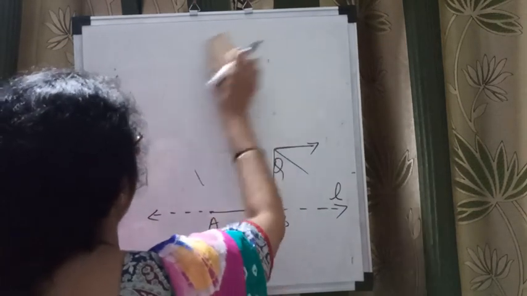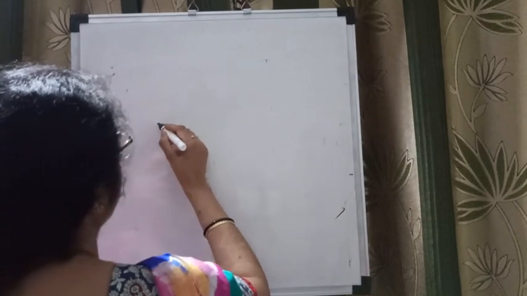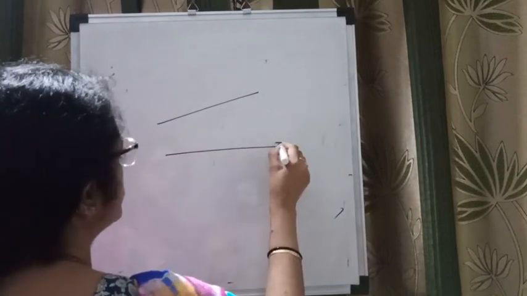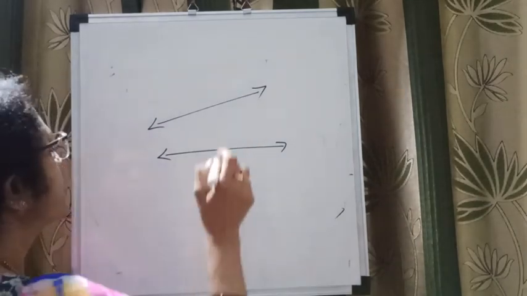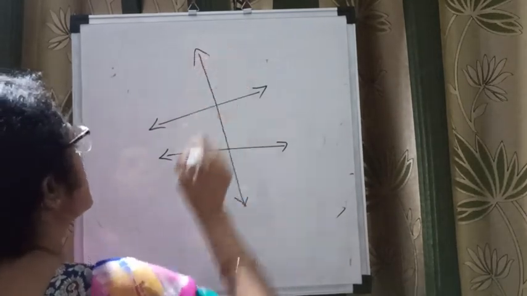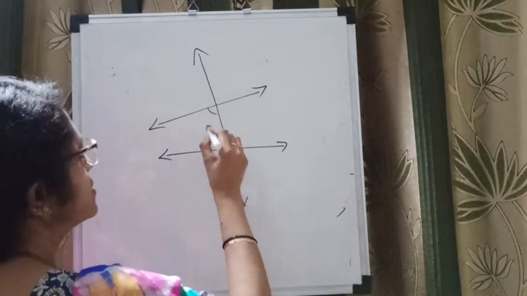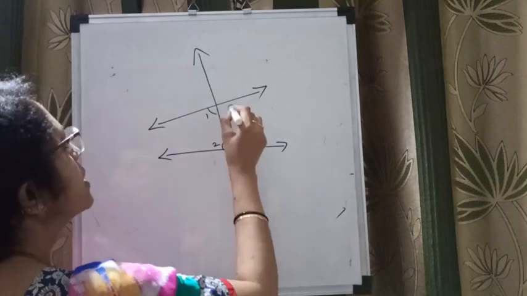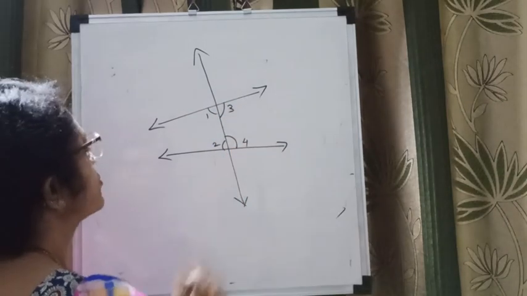It says that if you have two lines and they are not parallel. So suppose you have these two lines. Now these lines are not parallel to each other. You draw a transversal. Now you have some angles here. Say this is 1 and 2. You have some other angles, these are 3 and 4.